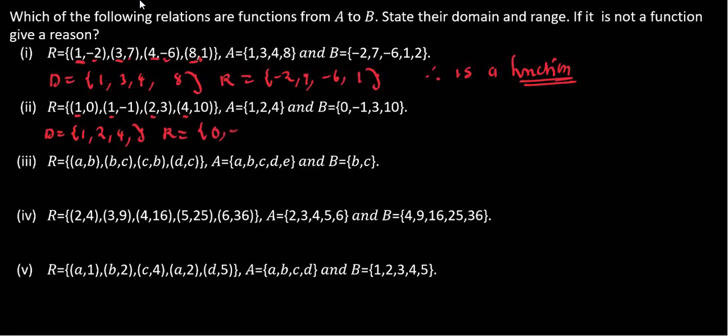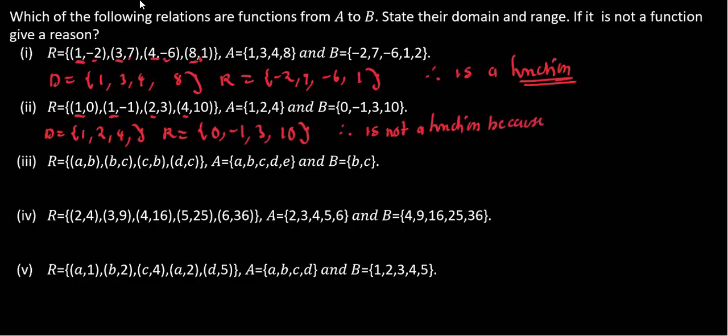It is 0, -1, 3, and 10. That is the range, right? So what is your conclusion? We have checked and found that the x-axis is repeating. So you say it is not a function. Why is it not a function?